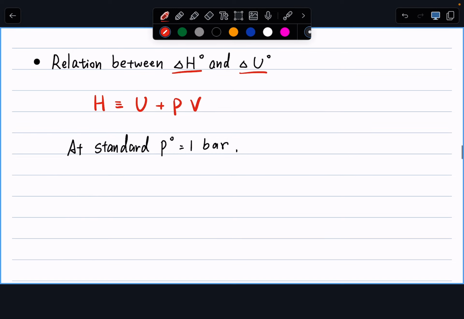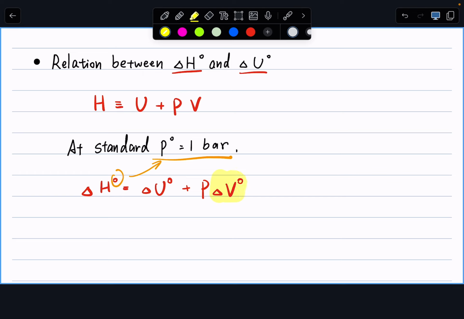So what else do we know? We also know my delta H naught equals to delta U naught plus P delta V naught, and we can do this because that little naught specified my pressure equals to 1 bar. So my pressure is constant. I can take it out from the integral, and that's why we simplify it.